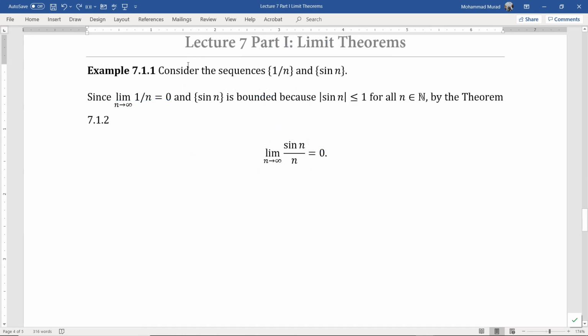Let's have a look at an example of the previous theorem. Consider the sequences 1 over n and sine of n.